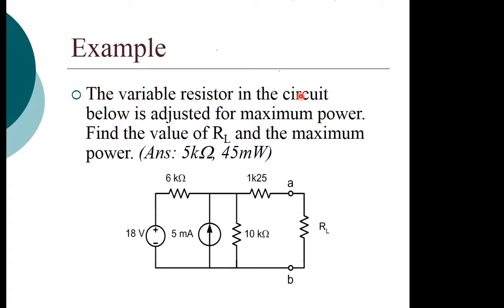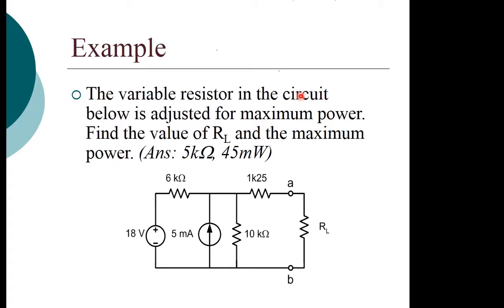I hope it comes out well. I'll show you the answer once. That is our Thevenin. So we go back and we have our 30 volt source with an R Thevenin of 5 kilo ohms at maximum power transfer.